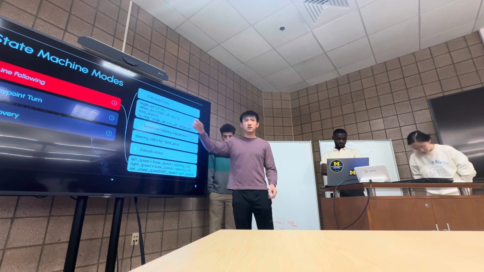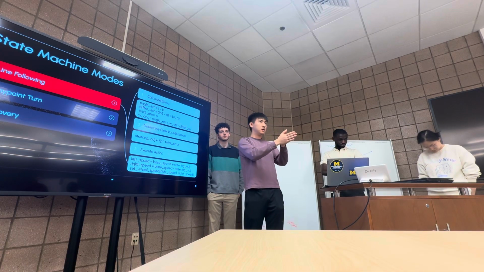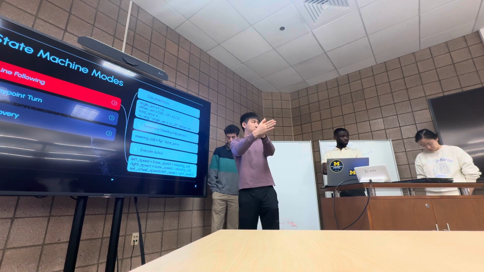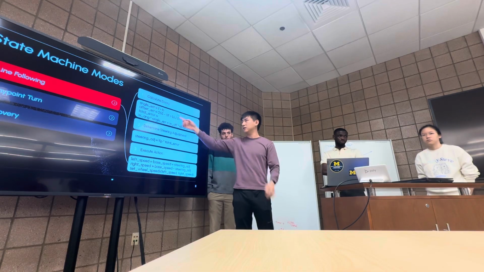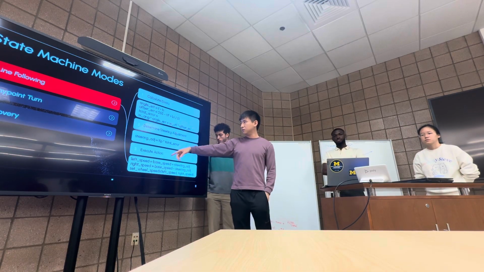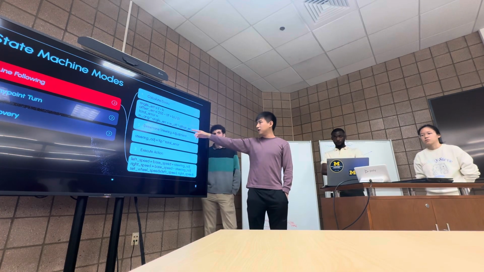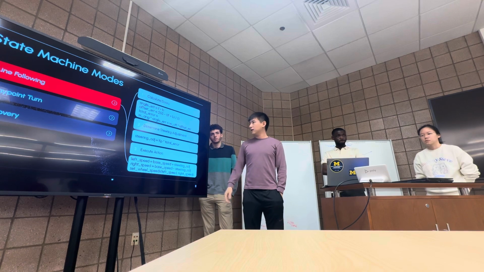If the angle error is 0, it does mean that we're parallel to the line, but we could be offset some distance. So this is what the offset error is accounting for. And then to add them all up together, we have a total error, which will have the angle error multiplied by a weight added to the offset error multiplied by a weight.